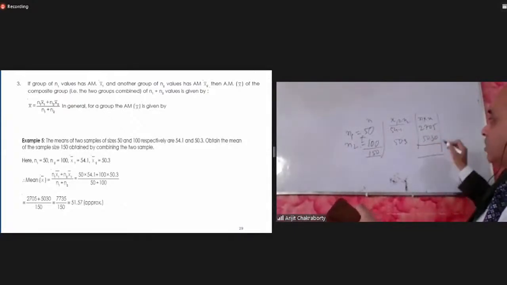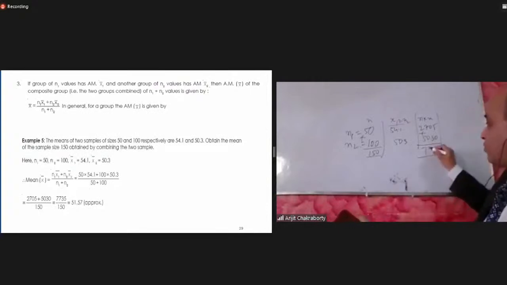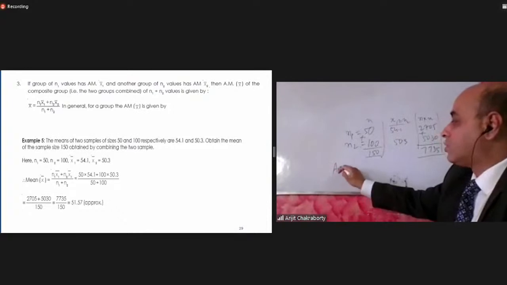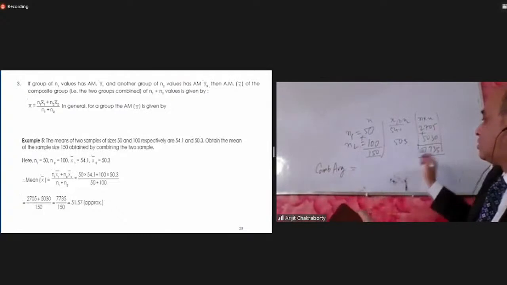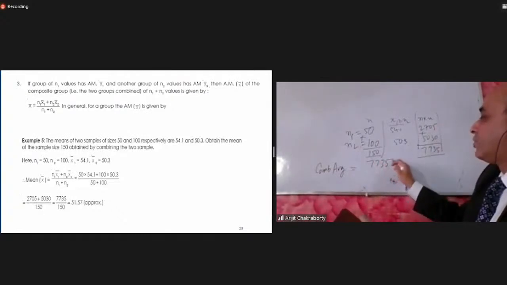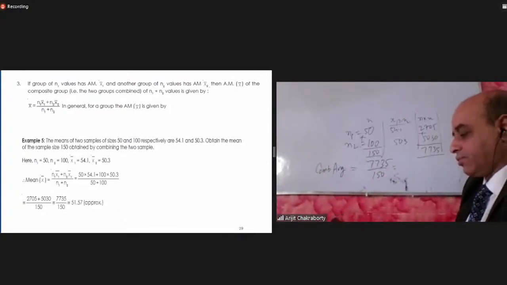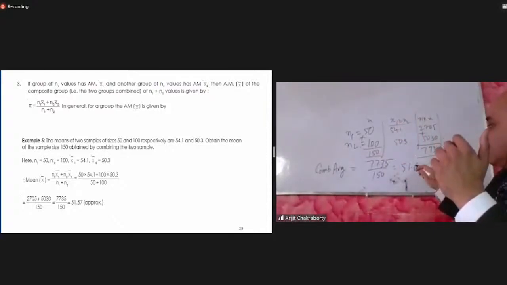So I'm adding it up: 5030 plus 2705 gets me 7735. So the combined average is equal to 7735 divided by 150, and the answer is 51.57 approximately. 51.5666, so I'll take it as 51.57 approximately.